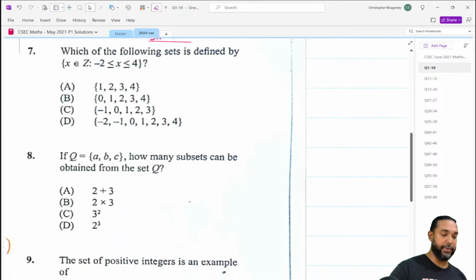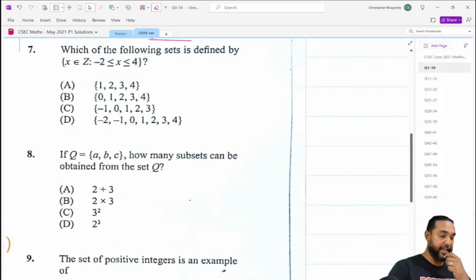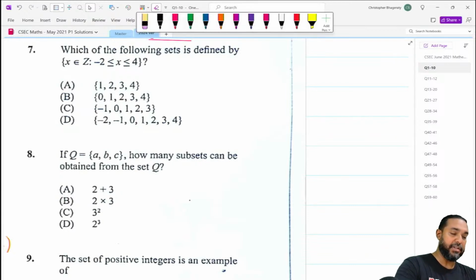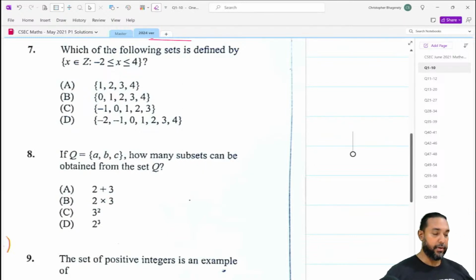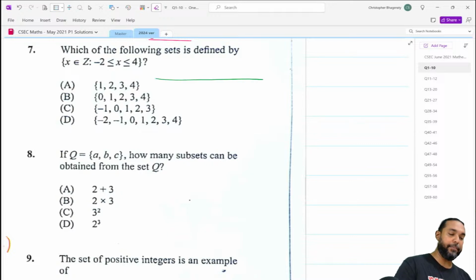Right, okay, which of the following sets is defined by x is an element of Z. Z is integers, which is whole numbers, positive and negative. So if you take a number line, minus 2 all the way to 4: minus 1, 0, 1, 2, 3. So x is greater than or equal to minus 2 and less than or equal to 4.